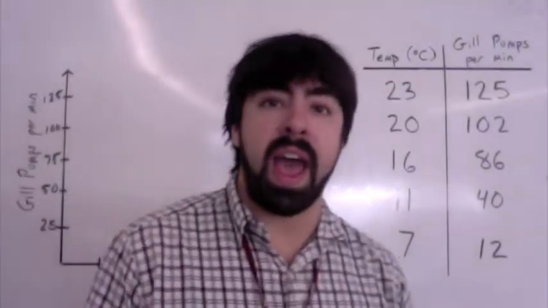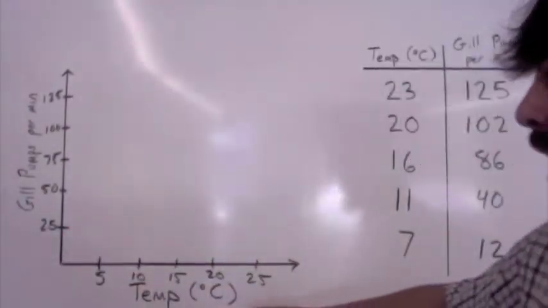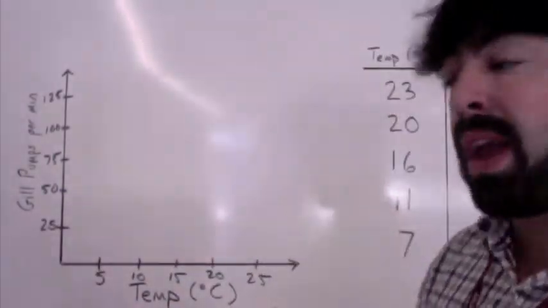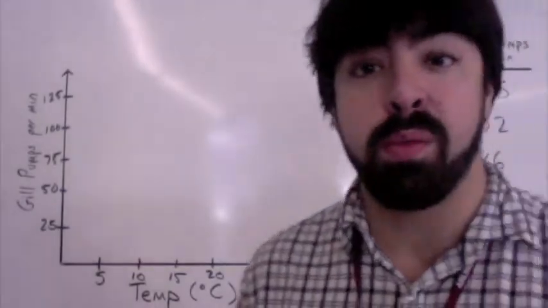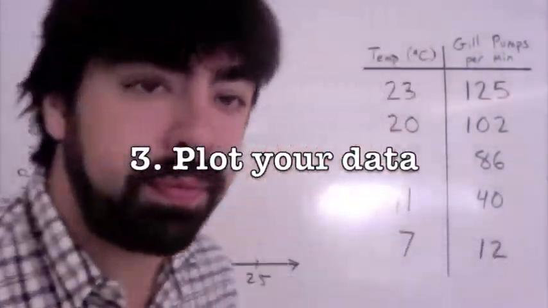And there, I have my graph set up. I've got number 1 done: I've got my X and Y axis chosen based on independent versus dependent. I have my scale made for both of them. I'm ready to do number 3, plot the data.